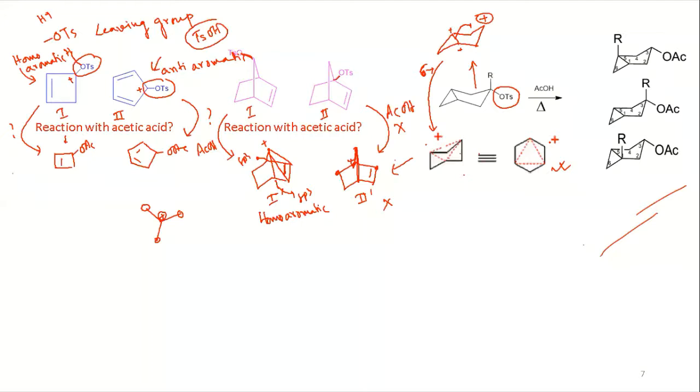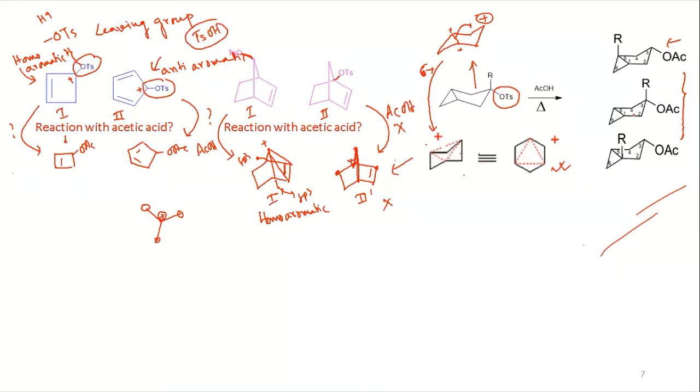Got it? So acetic acid can come from this direction. When it is planar, you can expect these 3 products.